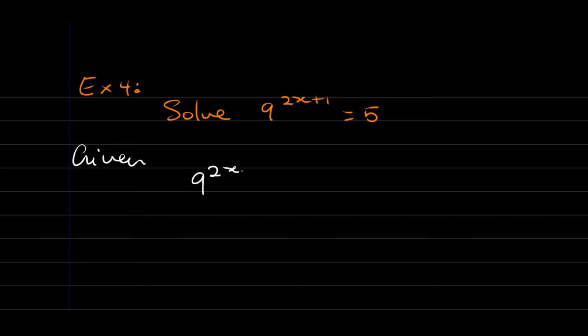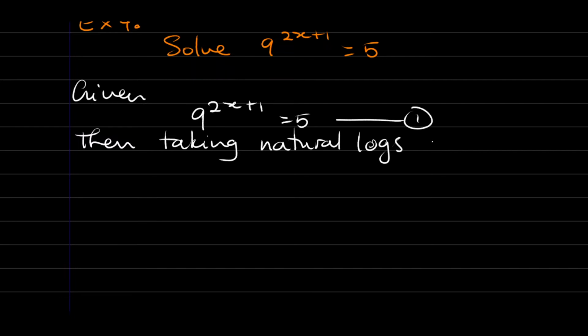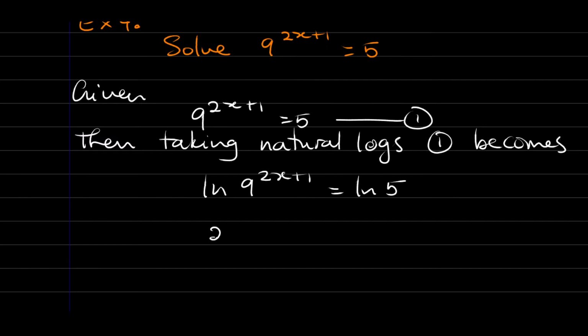So given 9 to the power of 2x plus 1 equal to 5, taking, I'll use natural logs this time, ln of 9 to the power of 2x plus 1 equal to ln 5, and that's going to be (2x plus 1) in a bracket times ln of 9 equal to ln of 5.